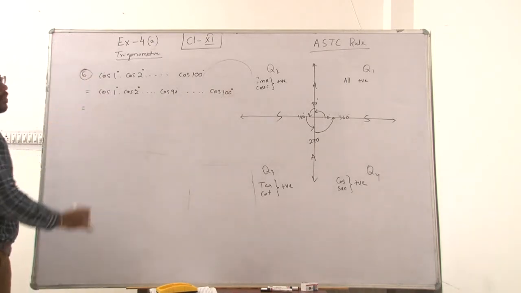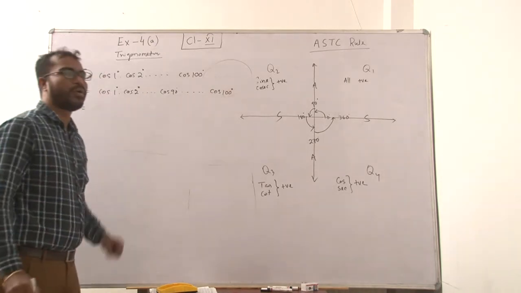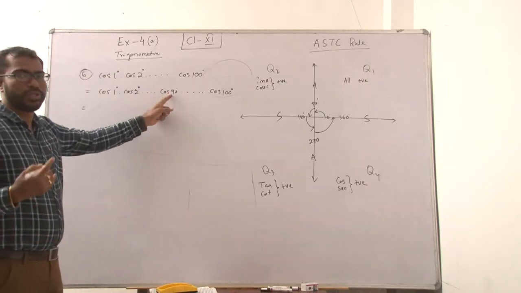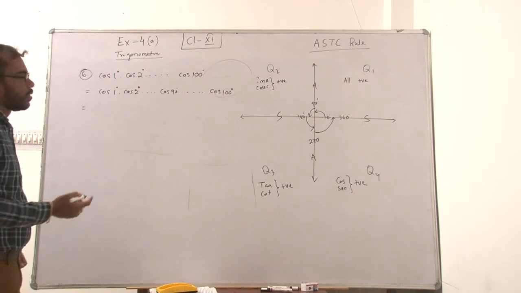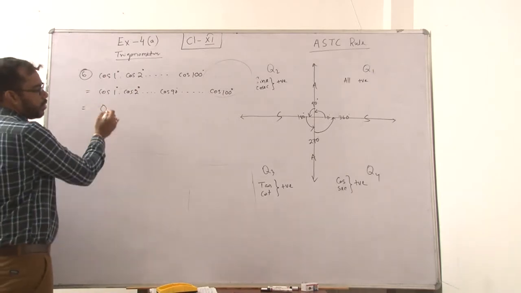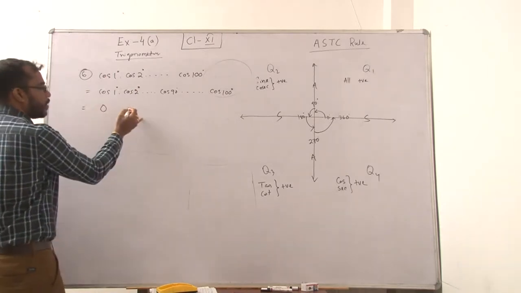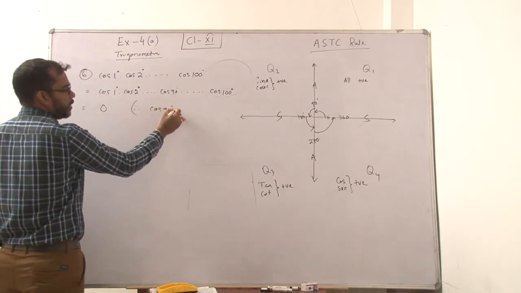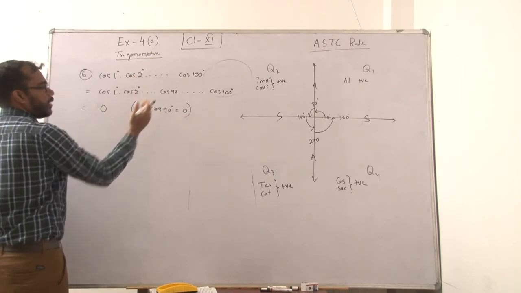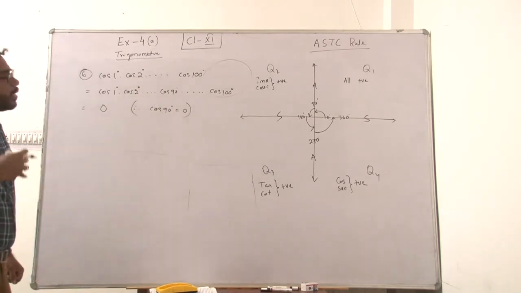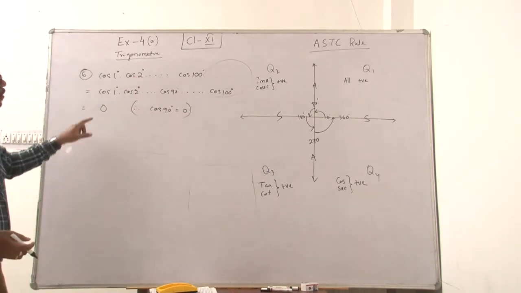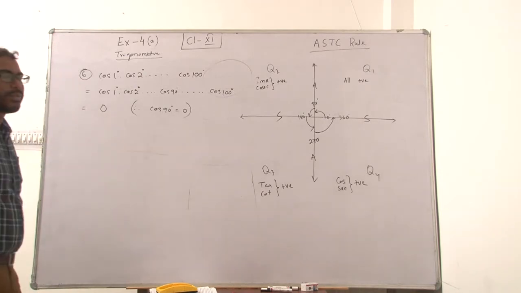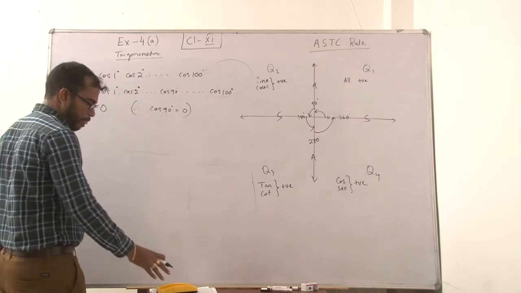But here the value of cos 90 degree is 0, and if we multiply 0 with any other values, then we get 0. So the solution of question number 6 is 0.